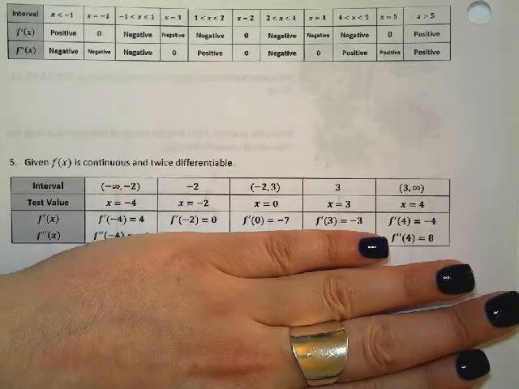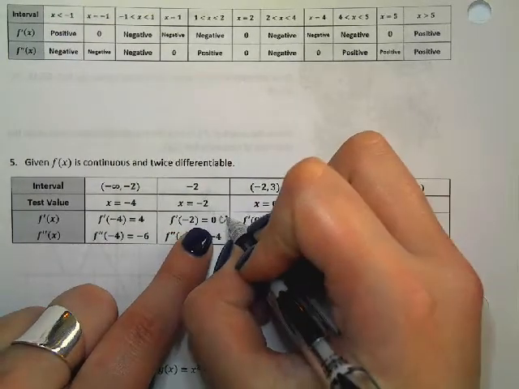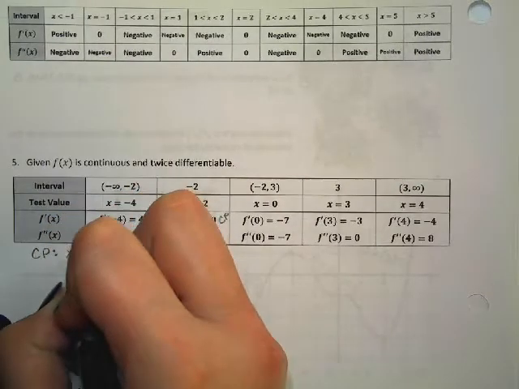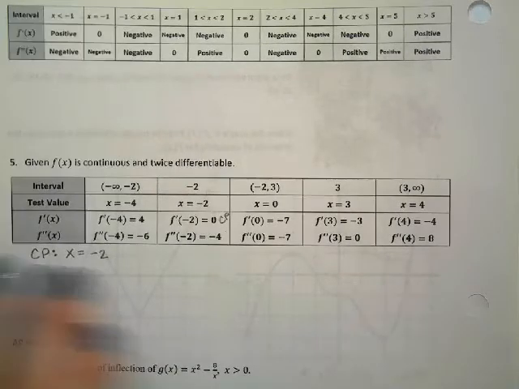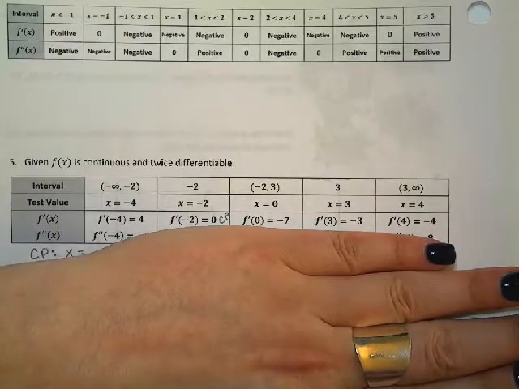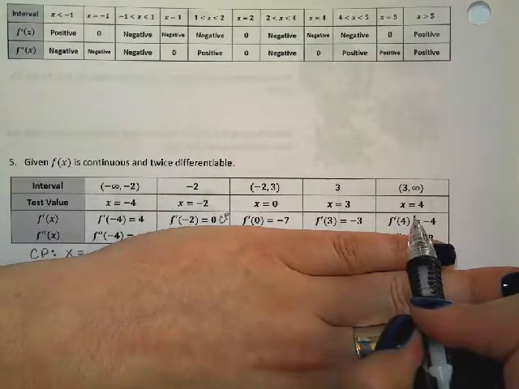So if you look at that chart, we have a critical number at -2. So I'm going to say my critical value or critical point or whatever you want to call it is -2. Then what else do we look for with the first derivative? They don't have any, right? They don't say the first derivative does not exist anywhere, so that's good.